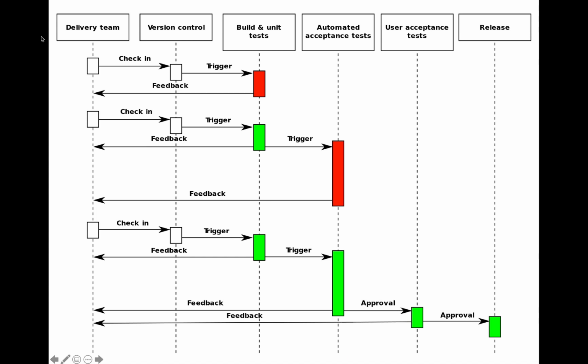A couple of things to keep in mind here. One is that if there's some sort of failure, the process is kicked back to the developer, and then the pipeline begins all over again from the very beginning. The pipeline never resumes from a failed spot. It always starts from the very beginning, and that's absolutely key to implementing this pattern properly.